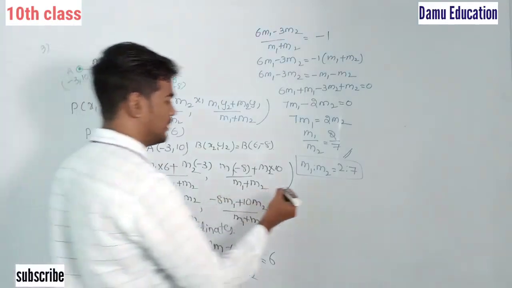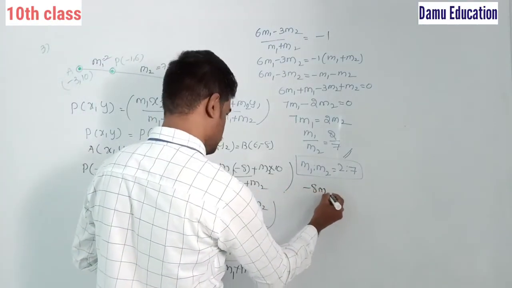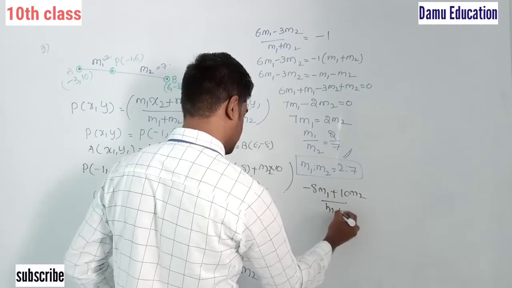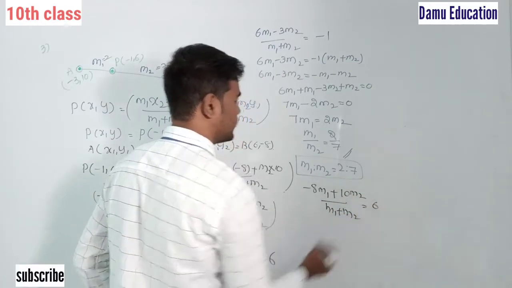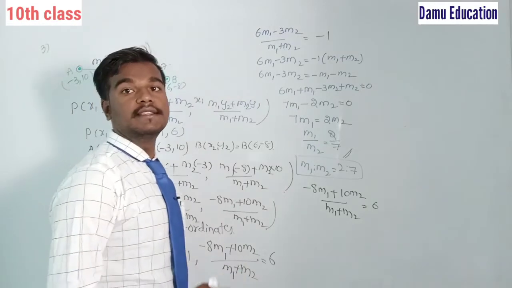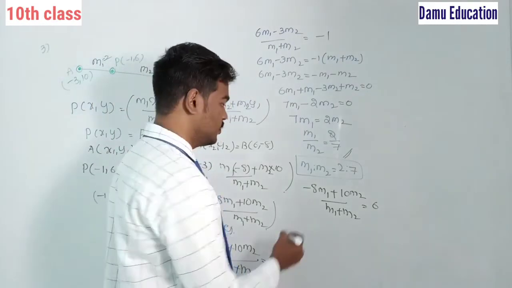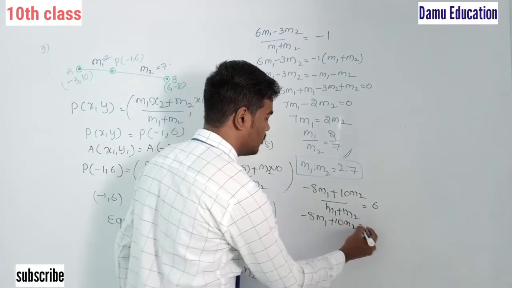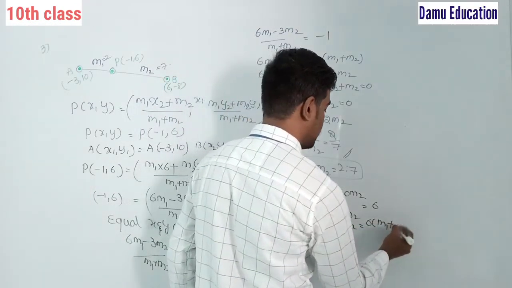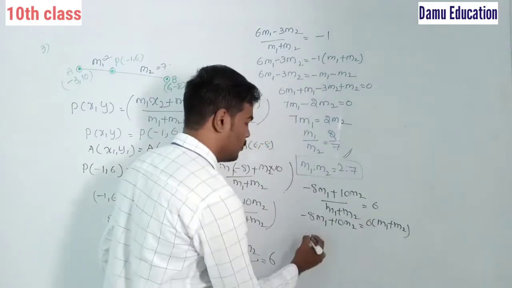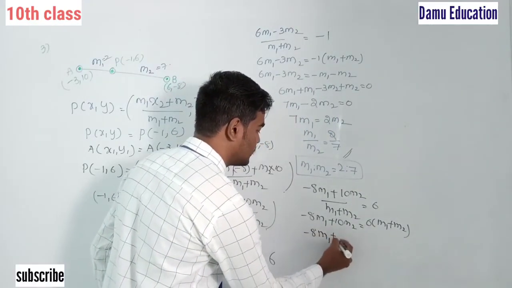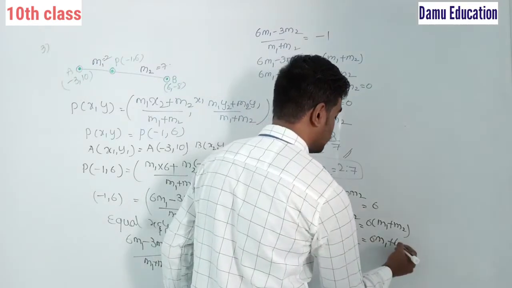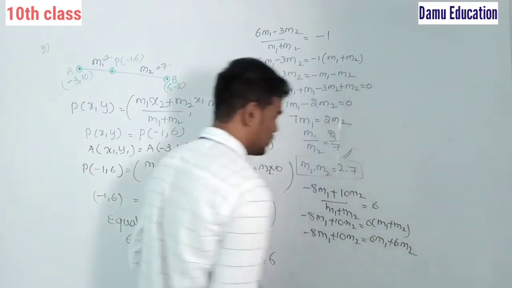That is minus 8 m1 plus 10 m2 whole divided by m1 plus m2 will be equal to 6. By using this also we can calculate. Minus 8 m1 plus 10 m2 will be equal to 6 into m1 plus m2, so minus 8 m1 plus 10 m2 will be equal to 6 m1 plus 6 m2.